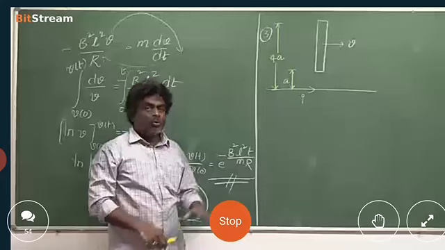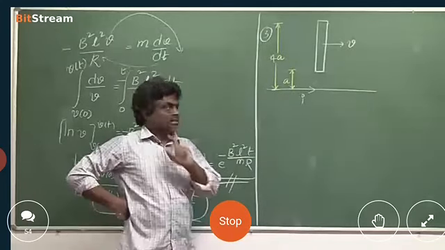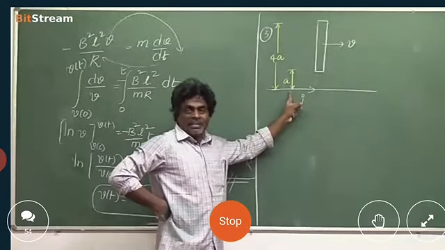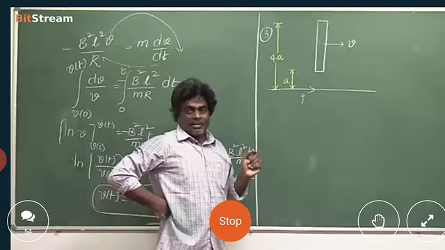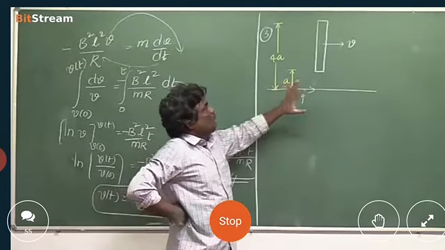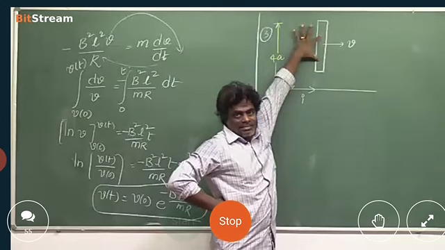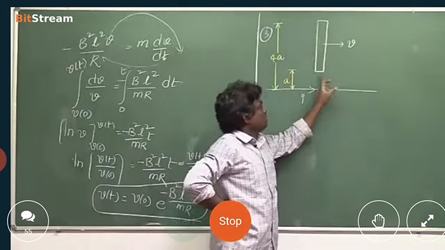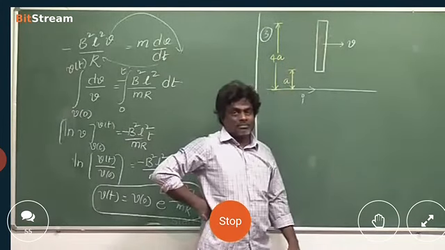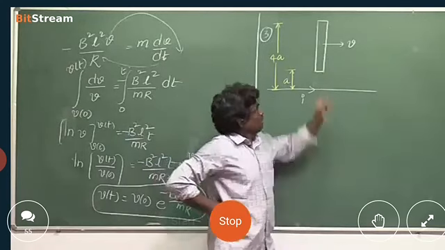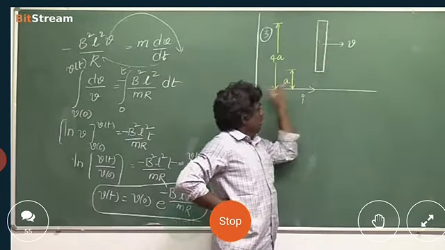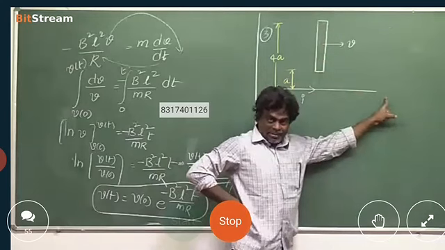Now carefully observe. Who is giving the magnetic field? This wire is giving the magnetic field. Shall I ask a question? The magnetic field that this rod feels, is it the same from this end to this end? I repeat, this is the rod and this is the current carrying wire.